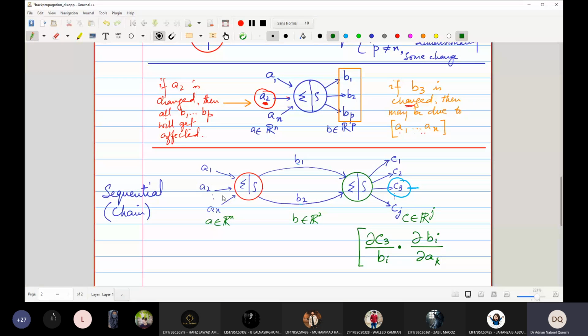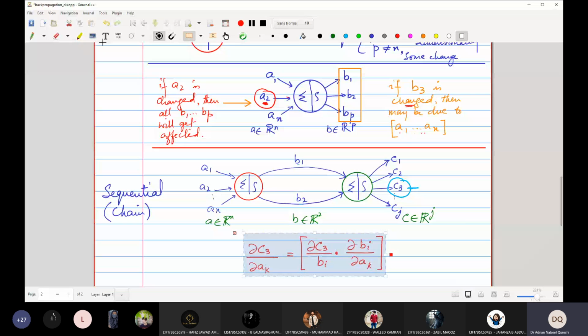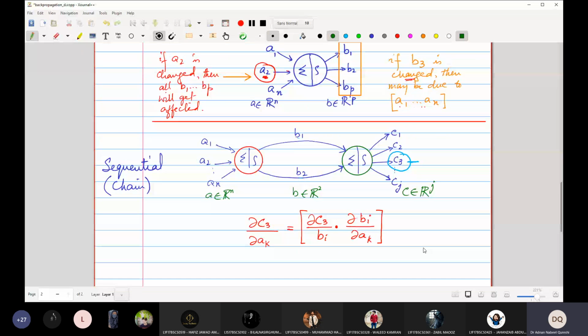and if there were more beyond this or before this, this chain would become longer. Right now we have only two things, so we are multiplying just two of these, and this is the famous chain rule of your calculus, and this tells us what was the effect of changing A on the final output C3. What I have just made here, this is your favorite chain rule. Let us color it red and bring it into the center. So now you know that this is the chain rule.